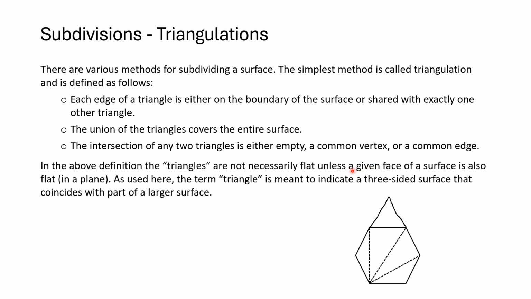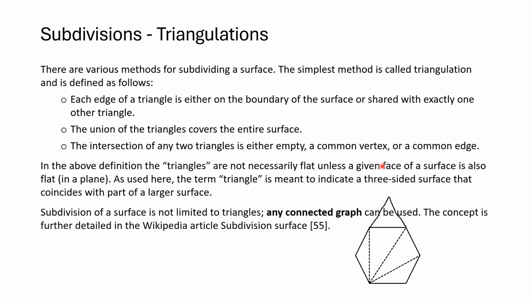I should point out that the triangles aren't necessarily flat. I mean, we took a planar figure here, but if you triangulated a sphere, for example, then the triangles would be curved. We use the word triangle in general here to take that into account.